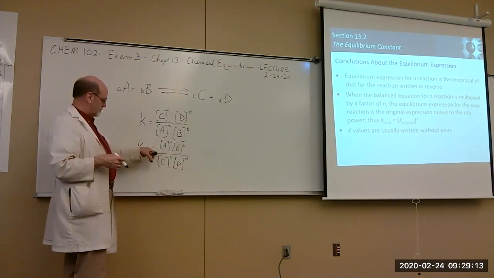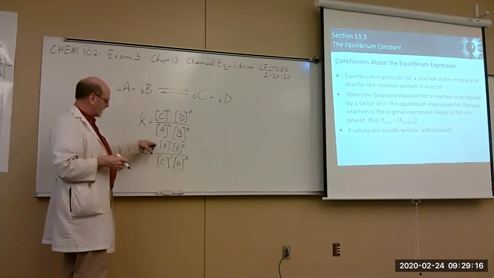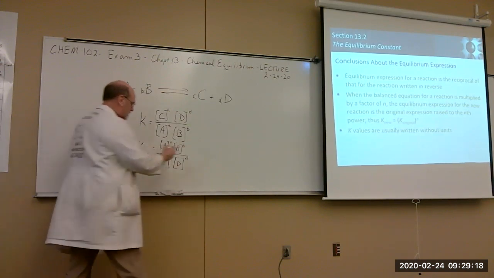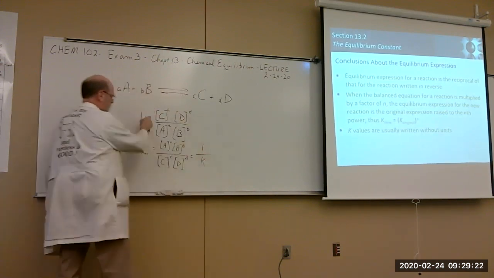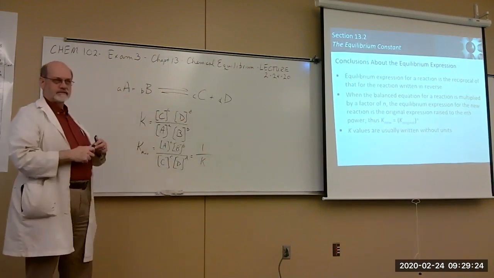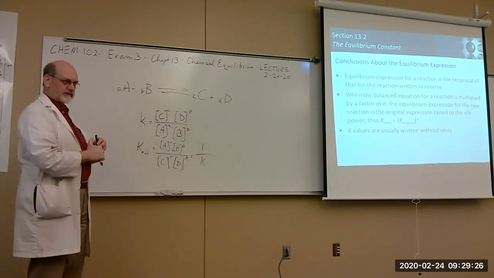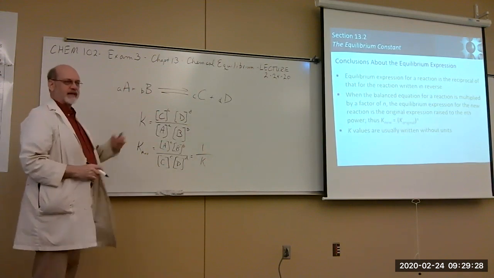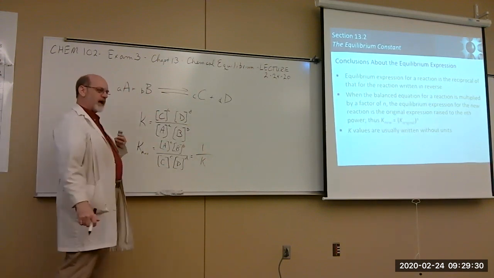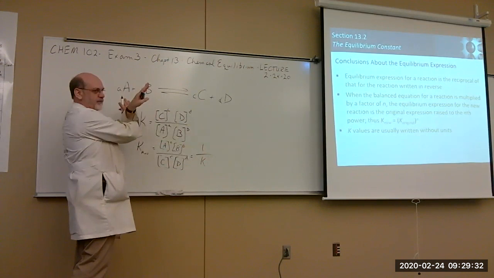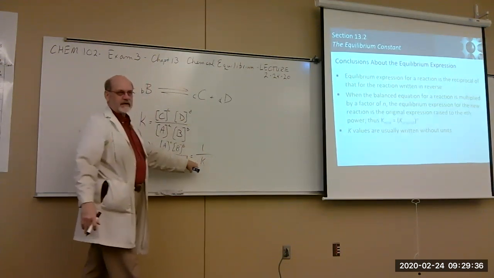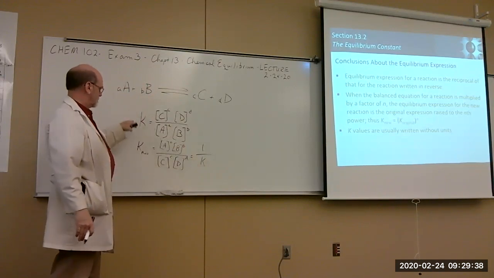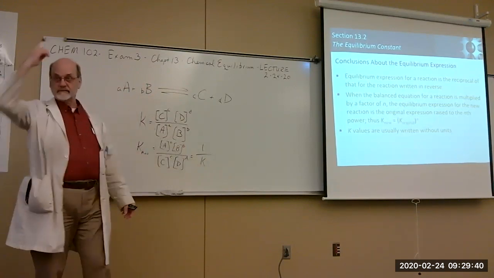Well, if this is the reverse reaction, this value is actually equal to the reciprocal of that value. Right? So that's what you do if you're given a K value and you need to use the reaction in the opposite direction. The K value then becomes the inverse of the K that's given to you. Okay.